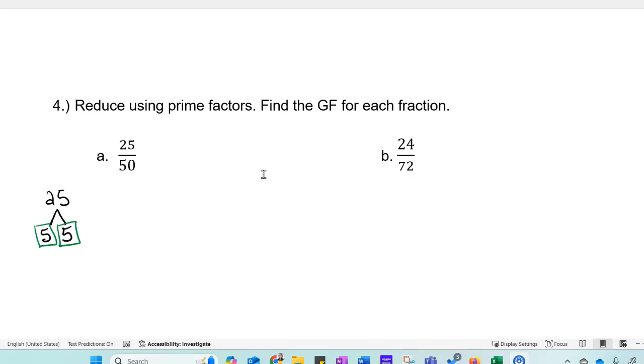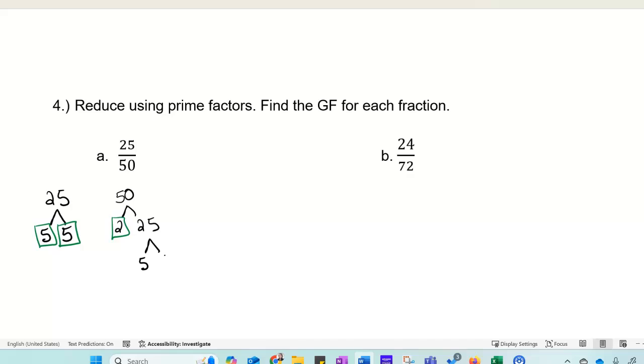Okay, so now I'm going to go ahead and figure out the factors for the denominator. So I have 50, well, 2 and 25 go into 50. 2 is a prime factor. 25 is not prime, so I still need to take it down one more.